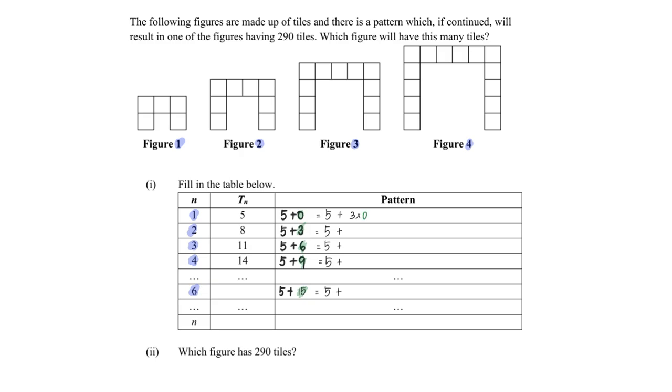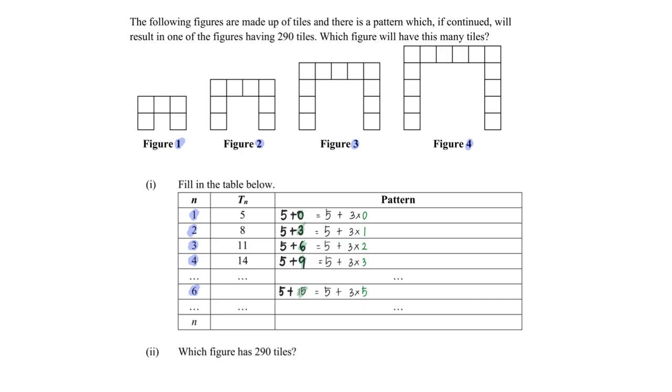Instead of writing 3, I'm going to write it as 3 times 1. Do you see 3, 6, 9? In this case, 6, I can rewrite as 3 times 2. They are all multiples of 3. So 15 will be 3 times 5.